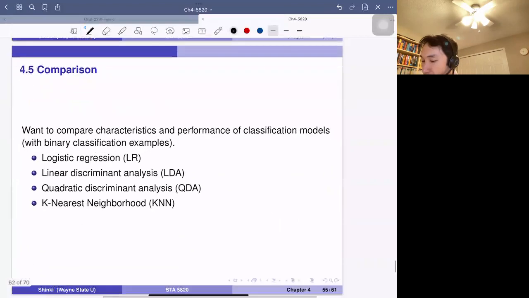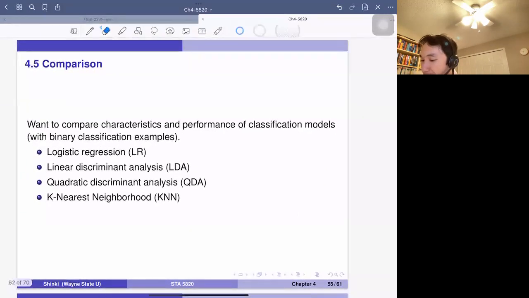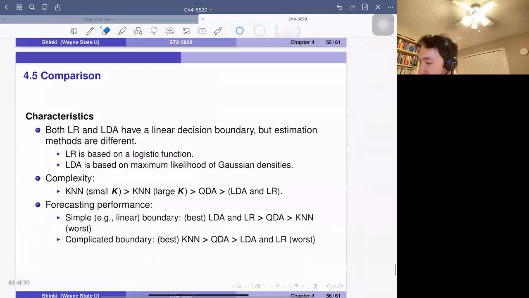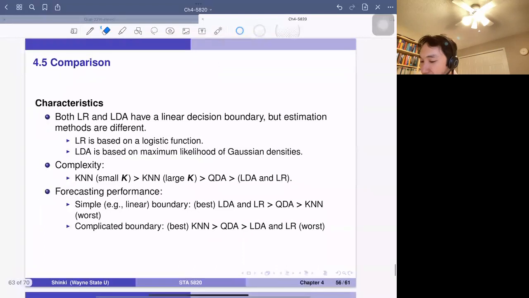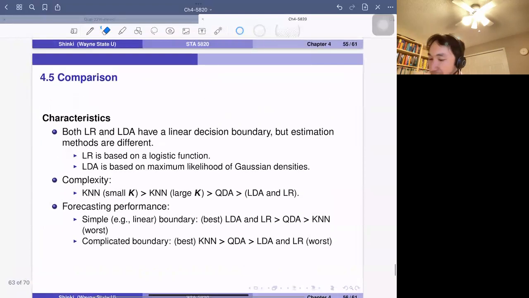Now that we have this comparison, we don't have enough time, but for today's quiz we need some information, so I briefly discuss this. Remember that LDA and logistic regression both have linear boundaries, although the two have slightly different characteristics.